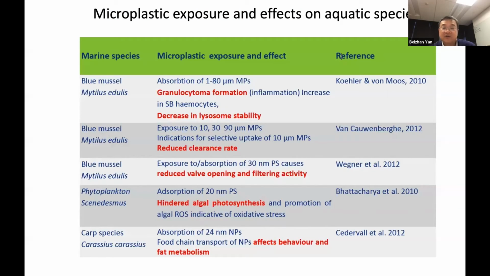There was also another study on exposure. Mussels, phytoplankton and carp were exposed, and inflammation biomarkers were used. It looks like the plastic caused inflammation, reduced clearance rate, and reduced valve opening and filtering activities.